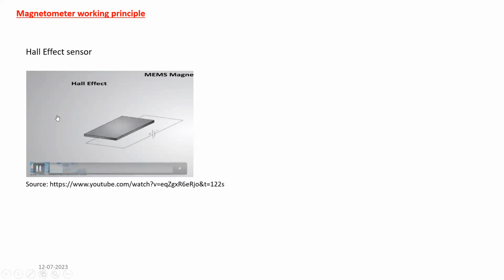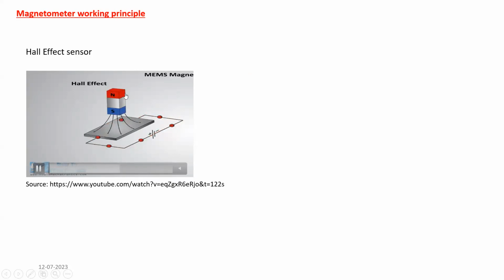Now, coming to the magnetometer, it will measure the Earth's magnetic field, and it mainly works on the Hall effect sensor. Let's see, what is the Hall effect? Let's say we have a conducting plate, and the electrons are moving from the negative side to the positive side of the plate.